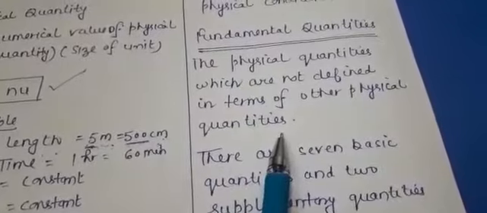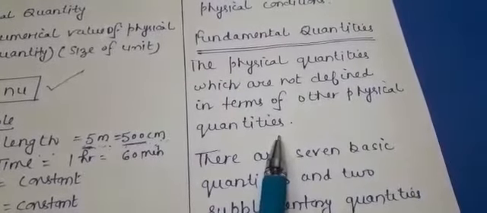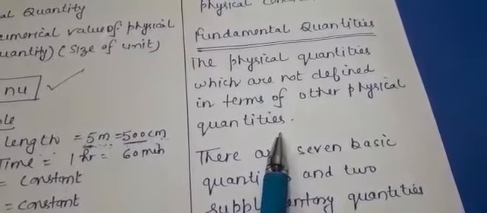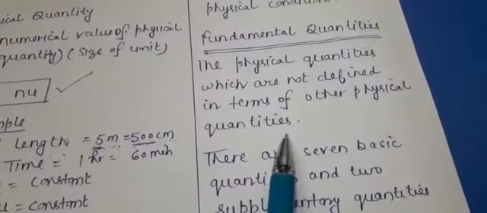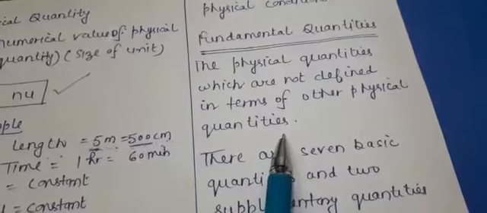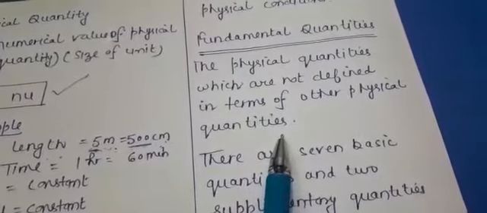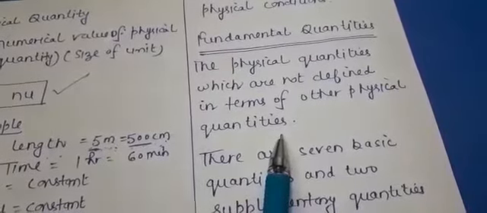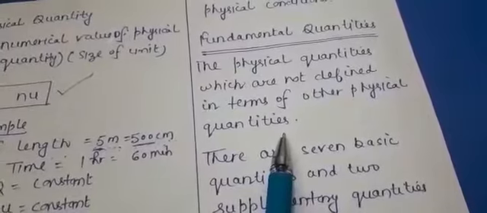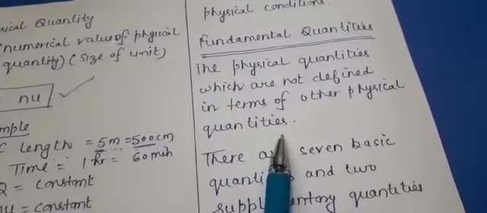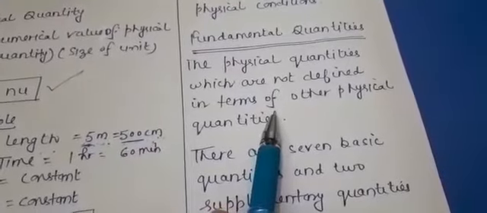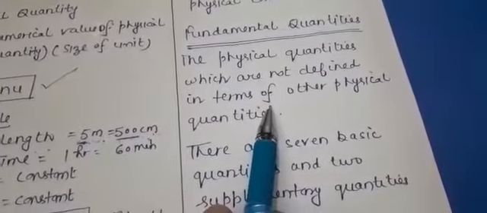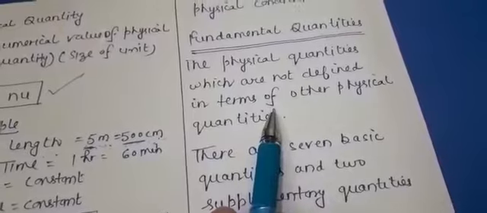You can take it as mass, length, time. When you have to measure these quantities, you are taking the initial quantity as this one. But when you have to measure speed, you require distance per unit time, so you have to measure length and time. So basically the quantities which are not defined in terms of other physical quantities are fundamental quantities.